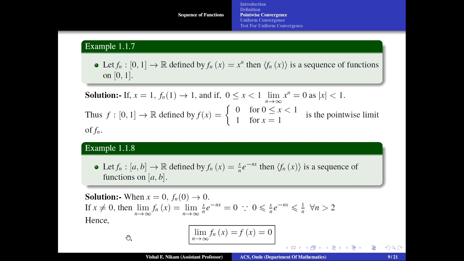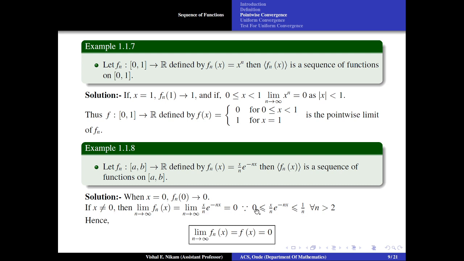Now if x is not equal to 0, limit n tends to infinity, fn of x is equal to limit n tends to infinity of x upon n into e to the power minus nx, which is 0. Why? Because x upon n into e to the power minus nx is less than or equal to 1 by n, and which is greater than or equal to 0 for all n. So by sandwich theorem, we can say that this tends to 0.